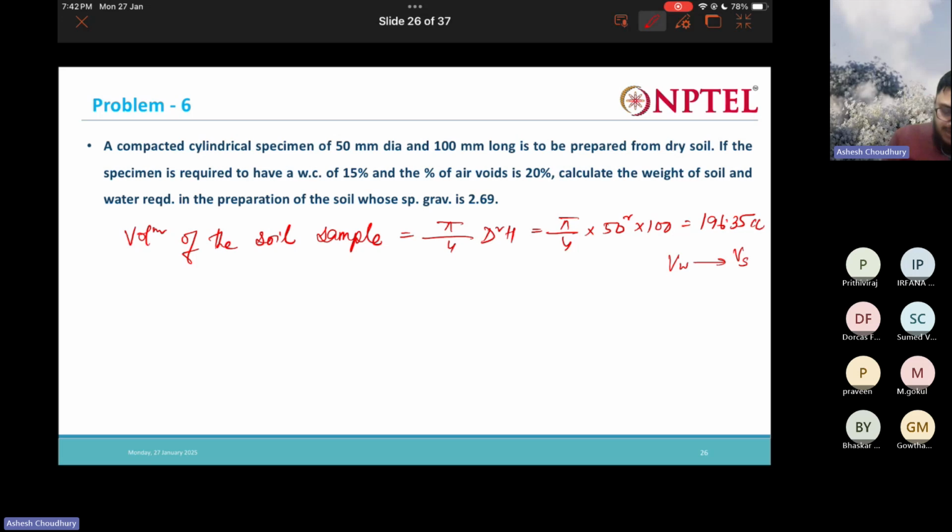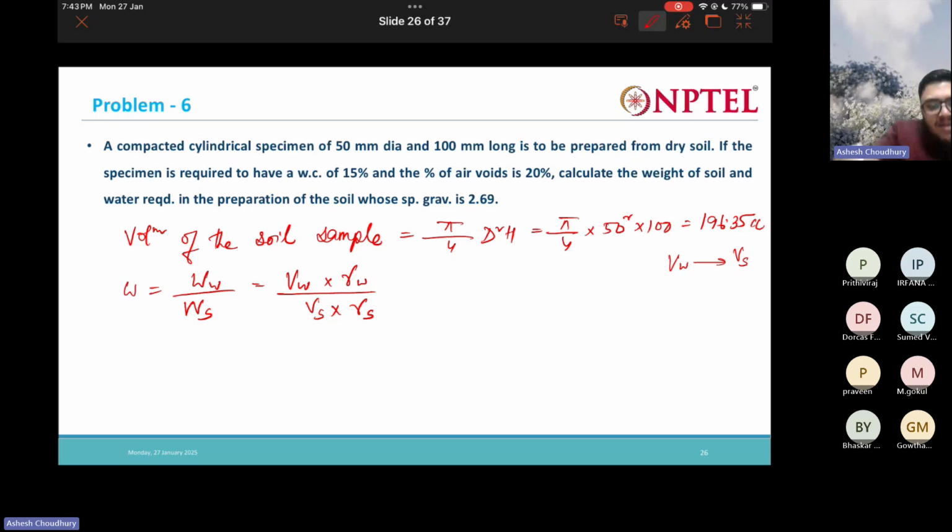So what is water content? Weight of water by weight of solid. Then volume of water into gamma W by volume of solid into gamma S. You can write like that. Weight of water is nothing but the volume of water times the unit weight of water.